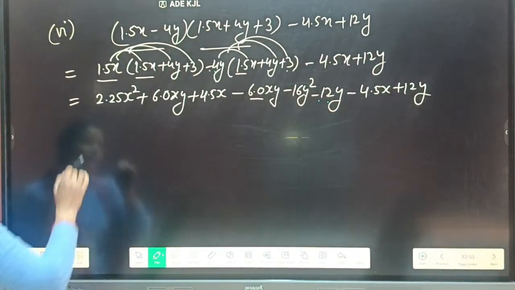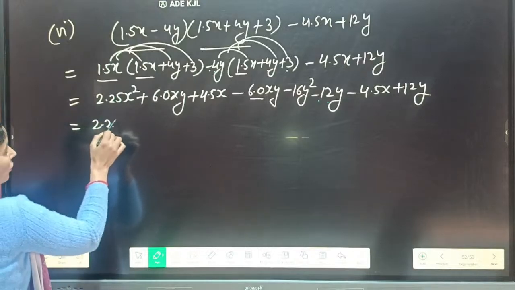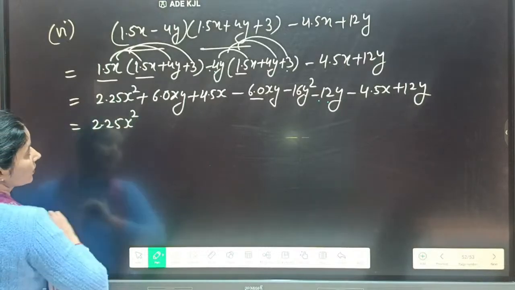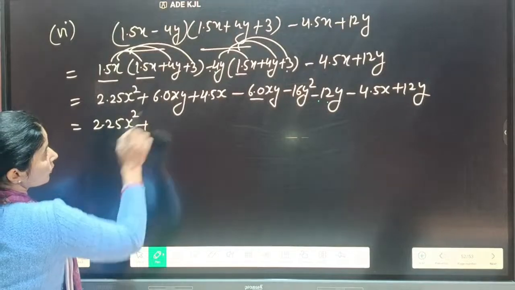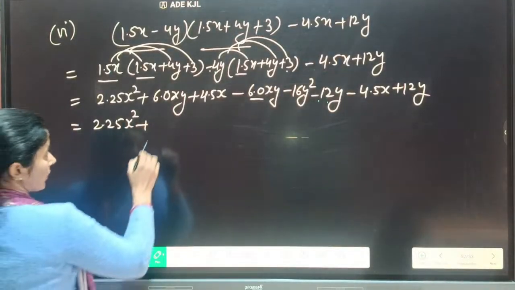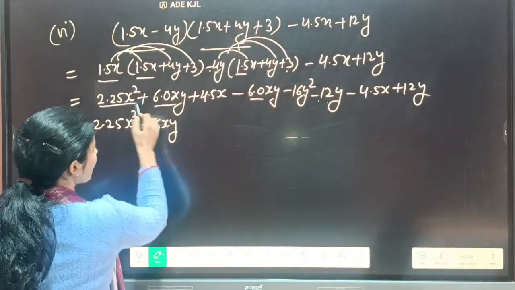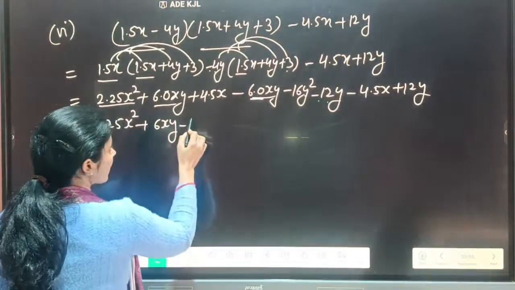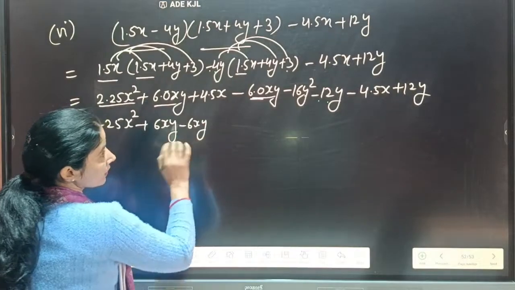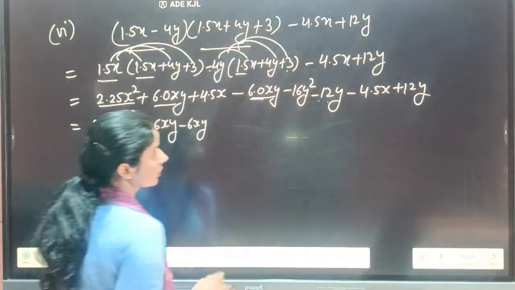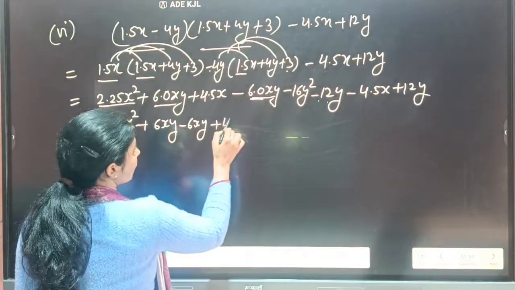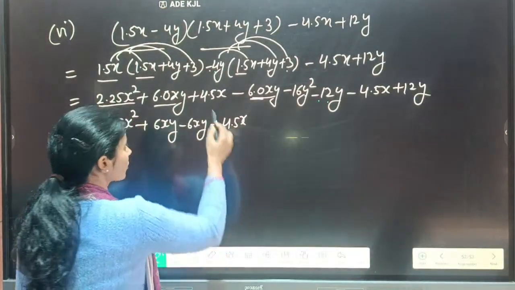Now simplify. This 2.25x square will be as it is, plus 6.0xy, that is 6xy I can write, and any other term which contains xy, this is minus 6xy. Any other term which contains xy? No. Plus 4.5x, this 4.5x.